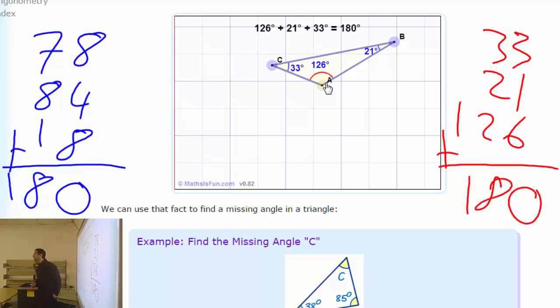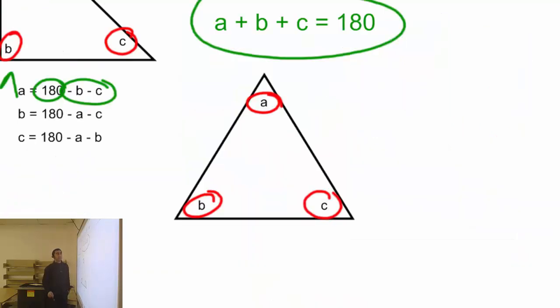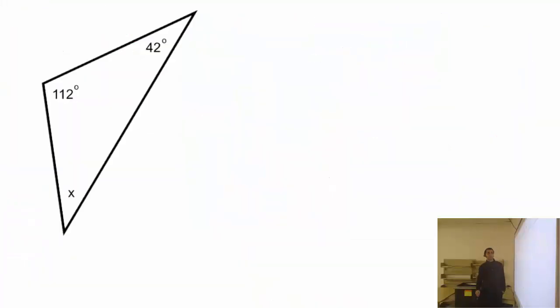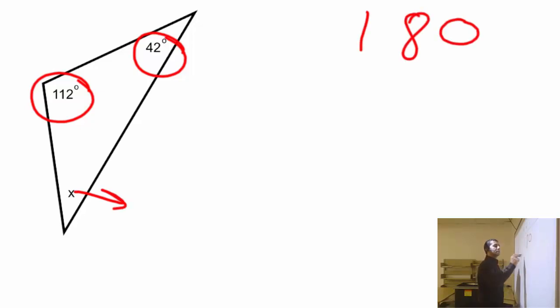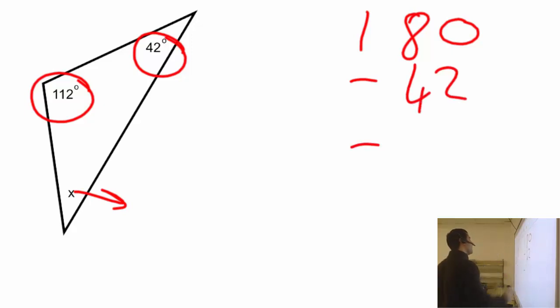So that's rule number one. This is helpful when you need to know the other missing angle. So here is an example. We know this, 42, we know that, 112, we don't know that. So to get that, 180 subtracted by 42, and also subtracted by 112.